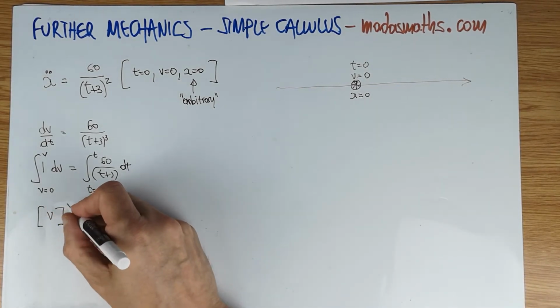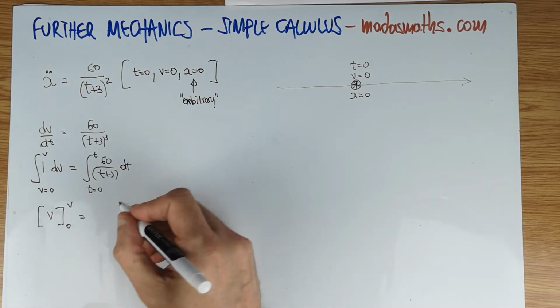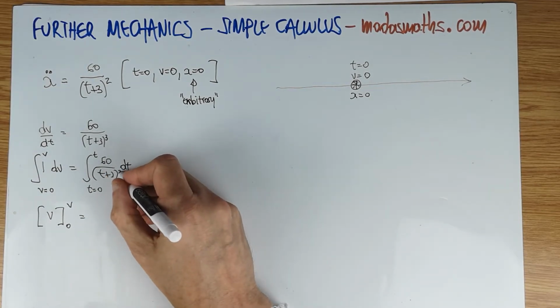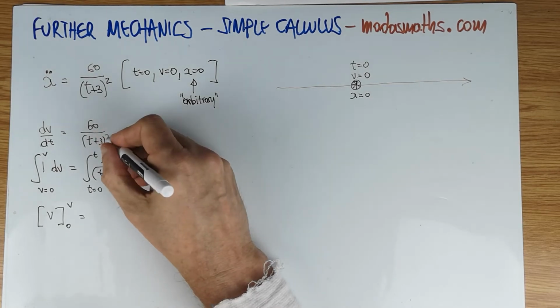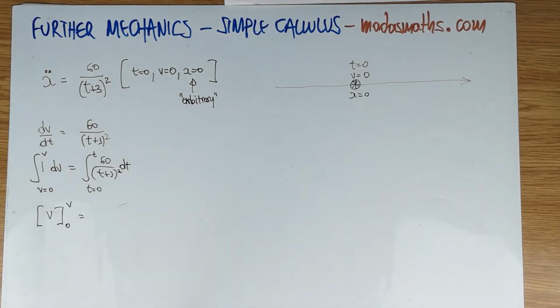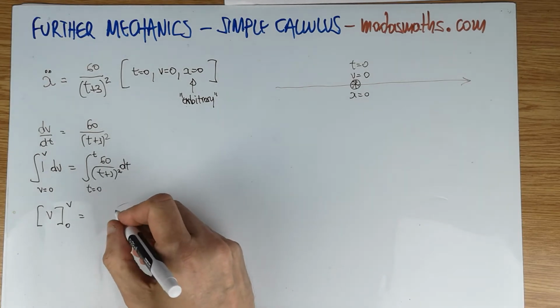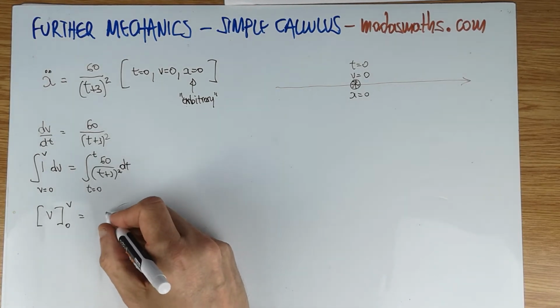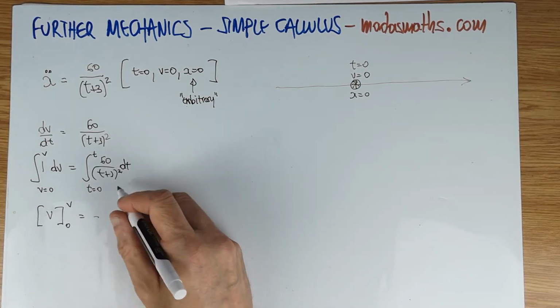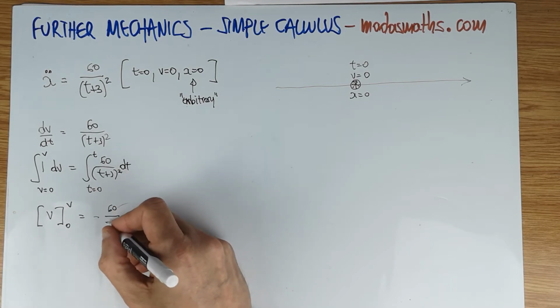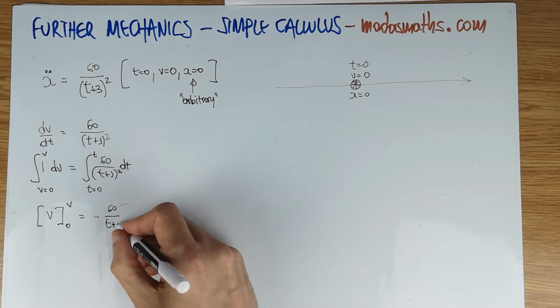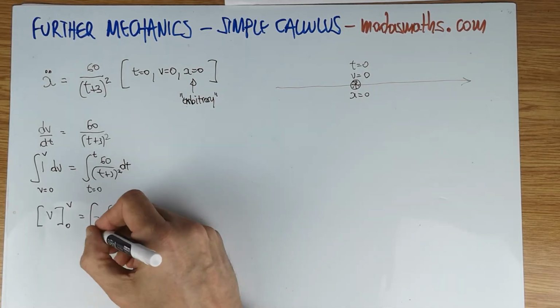V from 0 to v is equal to, integrating that, I missed there, was it cubed or squared rather? Why did it become cubed there? I will never know. So it'll be squared. And if I integrate that, it will be a minus, it's going to be 60 over t plus 3.